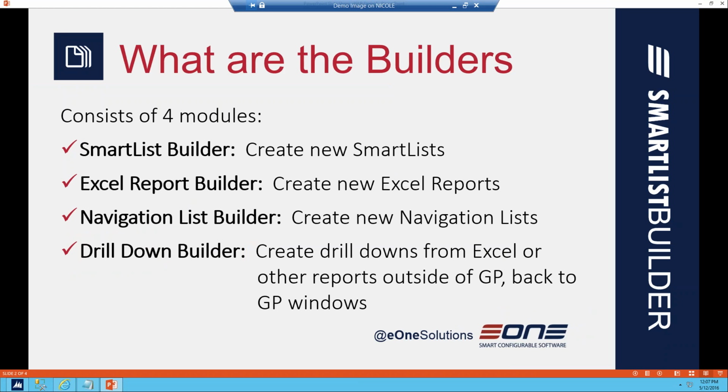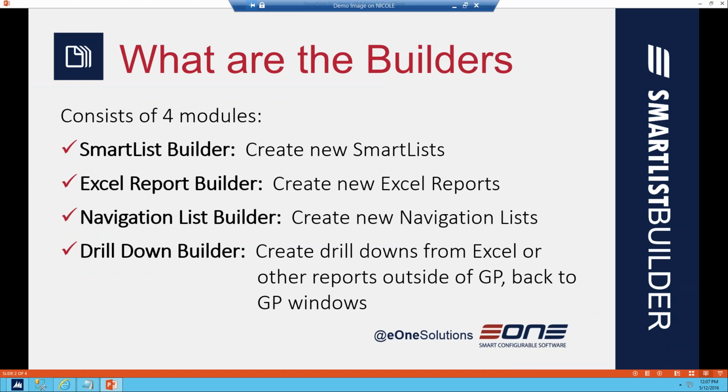When we talk about SmartList Builder, it's more than just that. So what is SmartList Builder? There are 4 modules that come with it, so I like to refer to it as the builder since it is more. The first is SmartList Builder, and that allows you to create new smart lists.